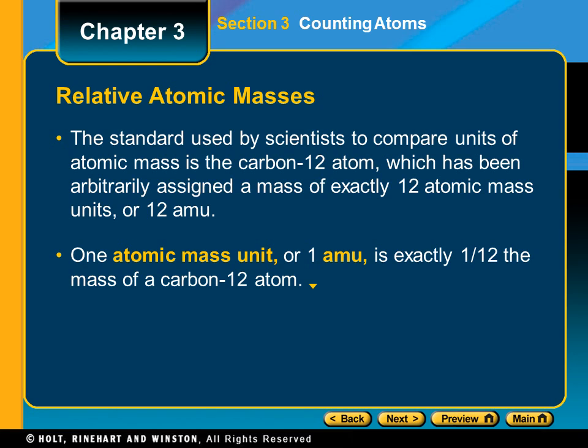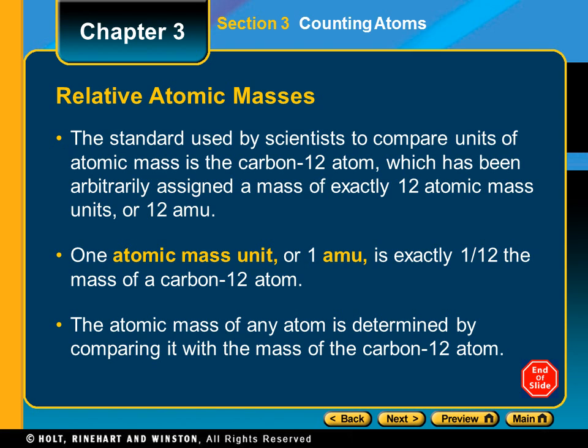So what this means is that one atomic mass unit, or 1 AMU, is exactly 1/12 the mass of a carbon-12 atom. I hope you see that. If we assign carbon-12 12 AMUs, then that means 1 AMU is 1/12 of the mass of a carbon-12 atom.